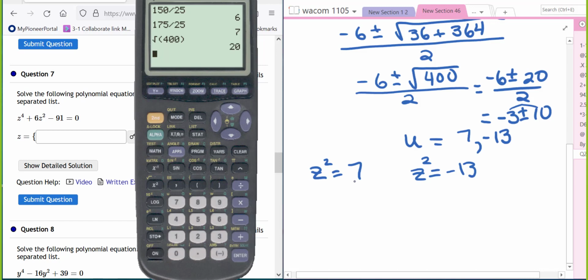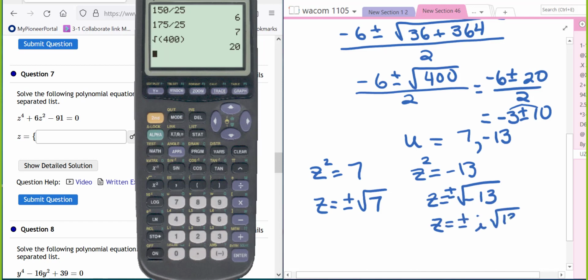Right, so square root method here. So Z equals plus or minus square root of 7, and Z equals plus or minus square root of negative 13, which is going to have an I outside. 13 is going to stay.